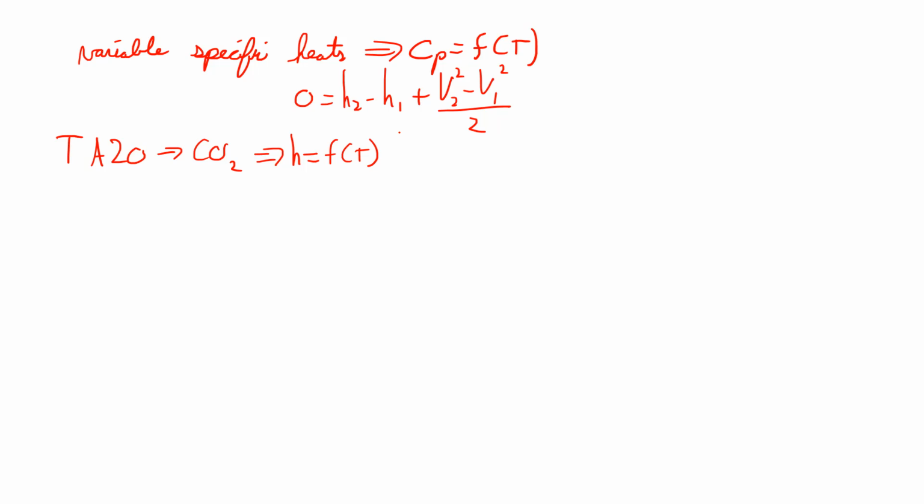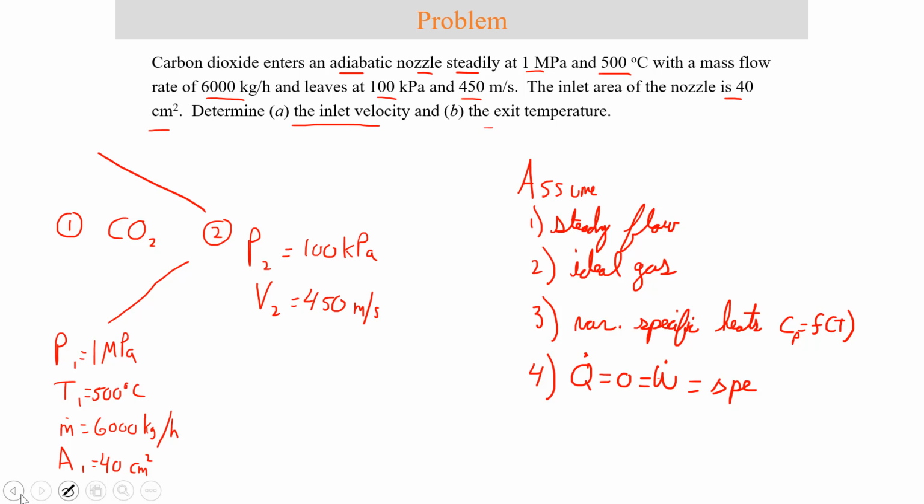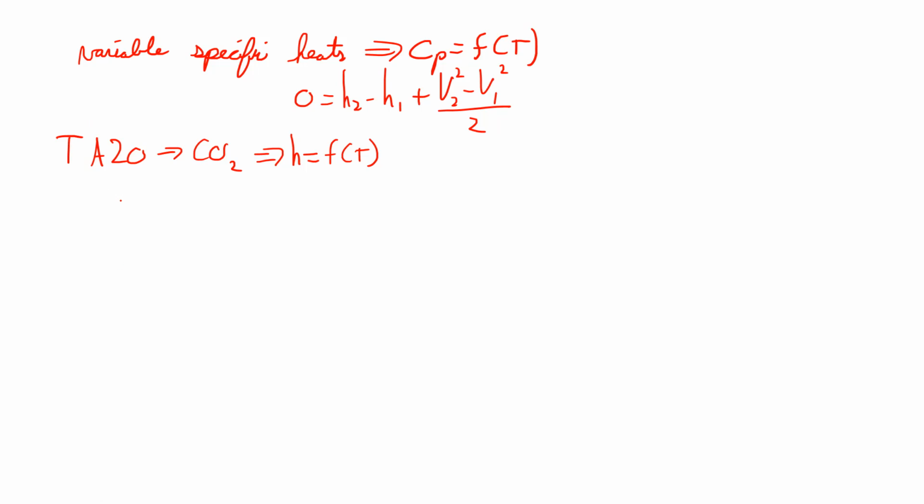Now, what I can do is that I know my temperature for the carbon dioxide entering the nozzle, right? I know that the temperature is 500 C. So what I would do is using table A20, I would find the enthalpy. Now remember, in table A20, it's all done on a molar basis. So the enthalpy and the internal energy is listed as energy per molar mass, not energy per mass.